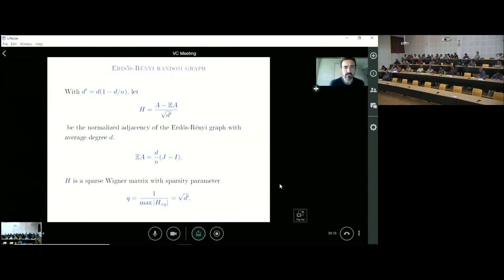In this case, you need also to recenter the matrix by the expectation of the entries. This expectation is simply d over n times G minus identity, where G is the matrix with all entries equal to 1.